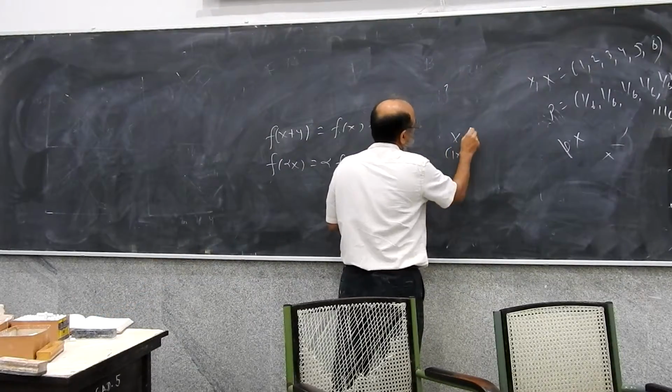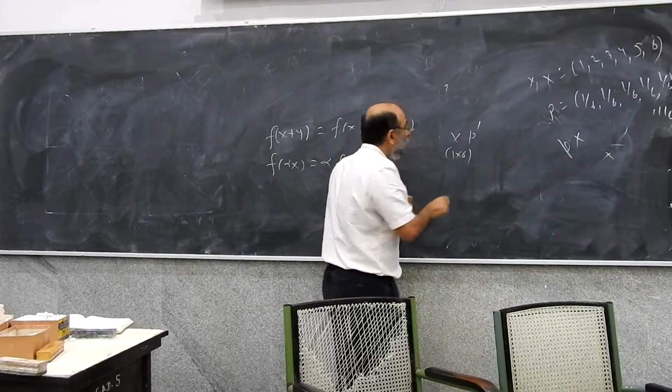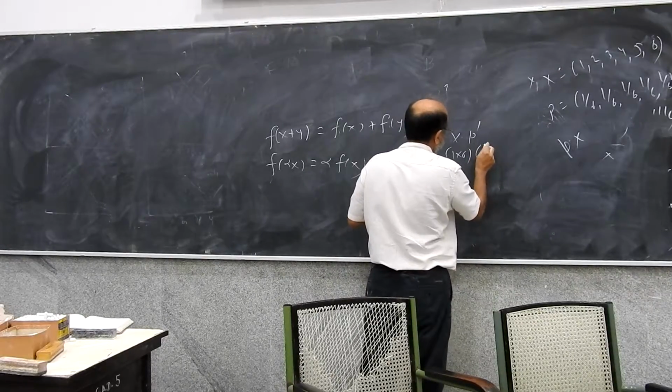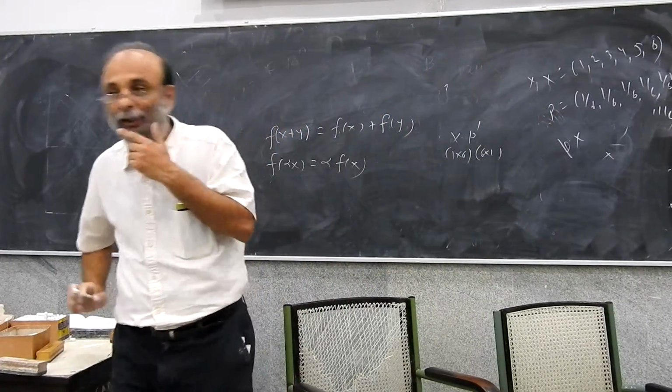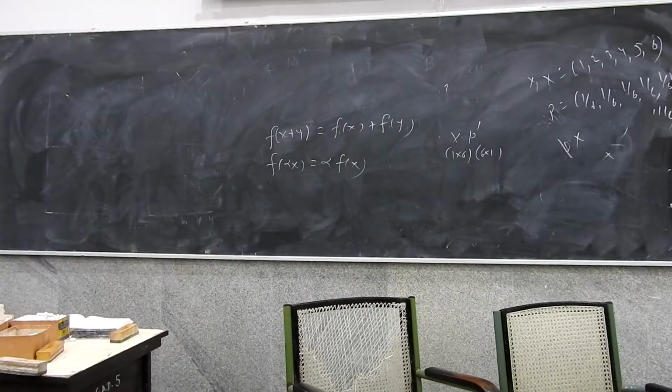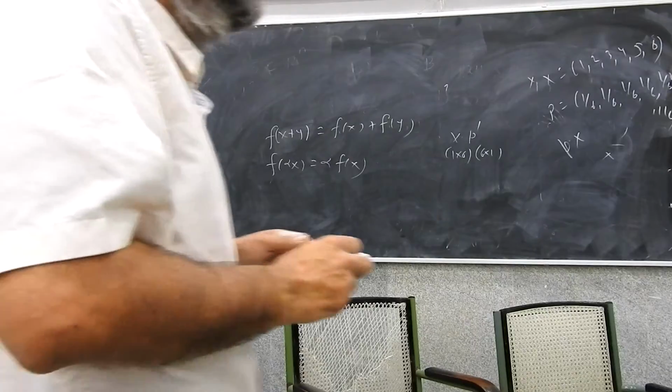So I write this X dash P dash, and you get a 1 cross 1, which is really X1 P1 plus X2 P2 plus X3 P3, etc.